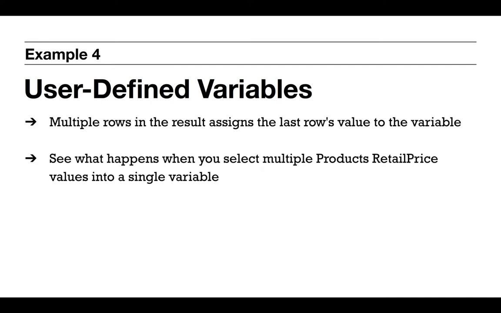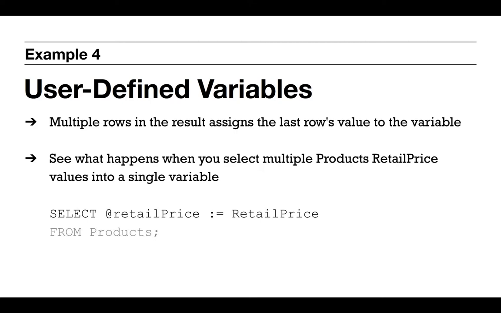Okay, so see what happens when you try to select retail price into a variable for all the products. The query would look something like this. So let's call it retail price as a variable, and we know there are multiple products, so let's just confirm what happens here.